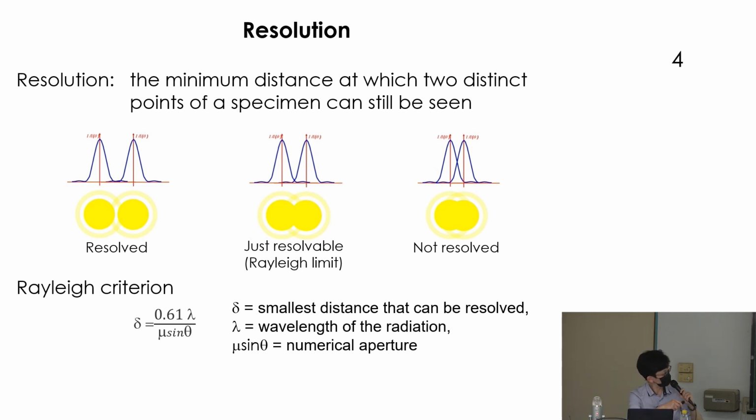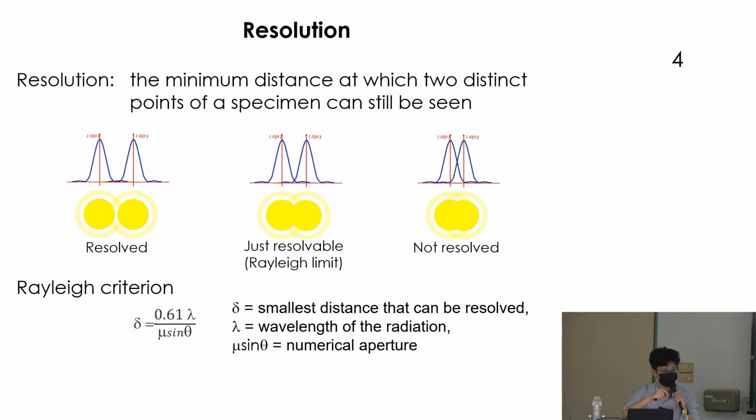The resolution is the minimal distance at which 2 points can be clearly resolved. If you can see here on your left hand, there are 2 points or 2 peaks. It is very clear to you there are 2 points, so we will call it resolved. But if these 2 points get closer and closer, in the end it will overlap the 2 points together.